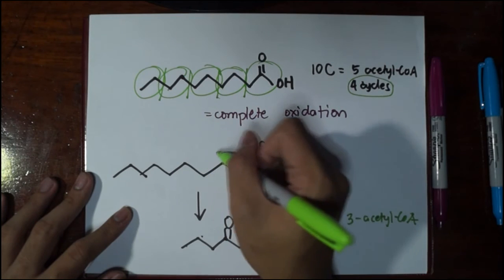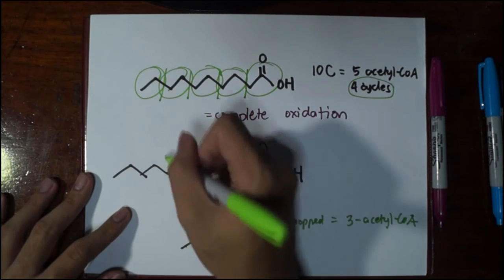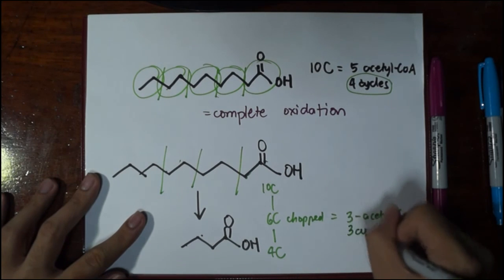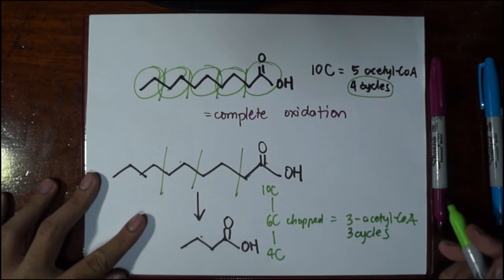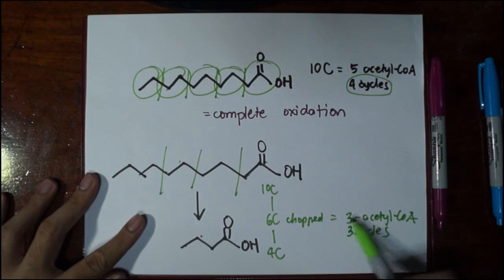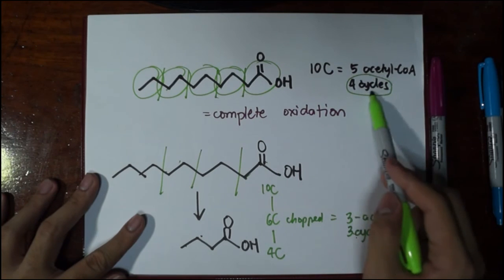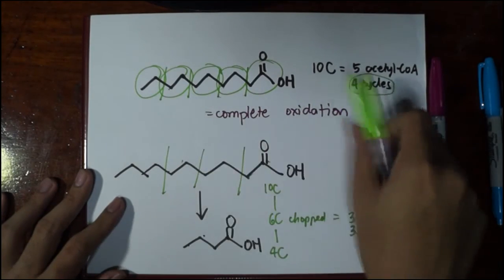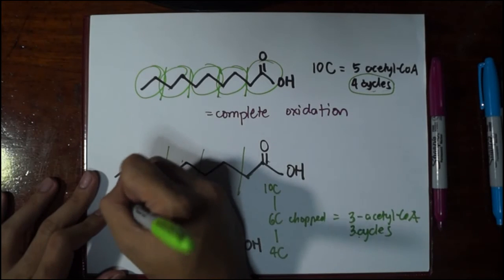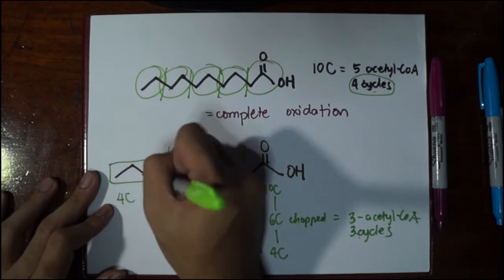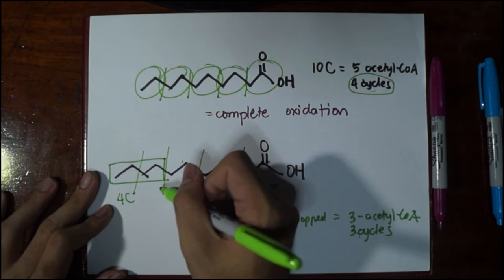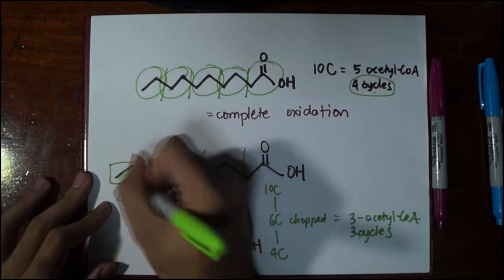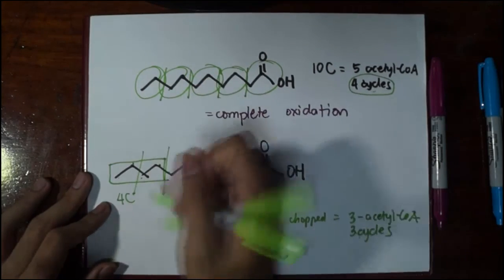1, 2, another 2, then another 2. So in order for us to get 3 acetyl CoAs, we needed 3 cycles. And how is that so? Why are they the same? It is because only in the last step, when you have 4 carbons, 1, 2, 3, 4, in just 1 cycle you get 2.